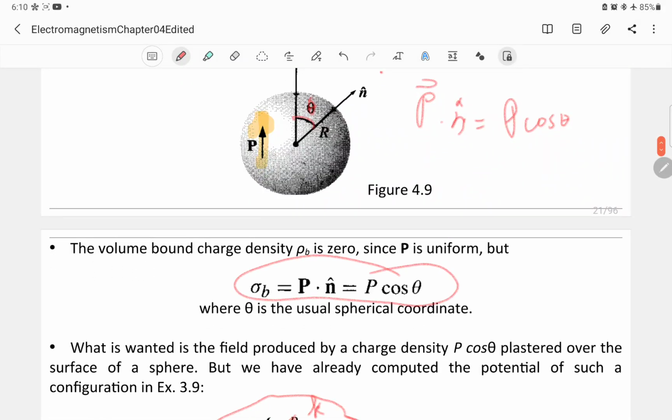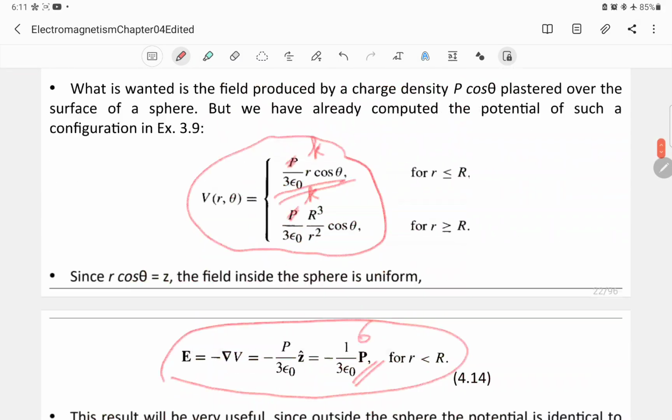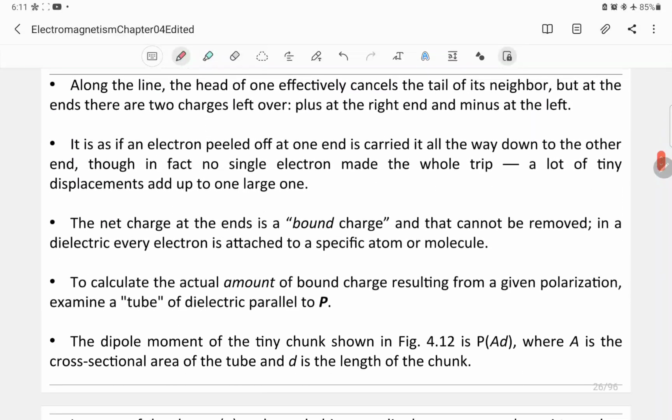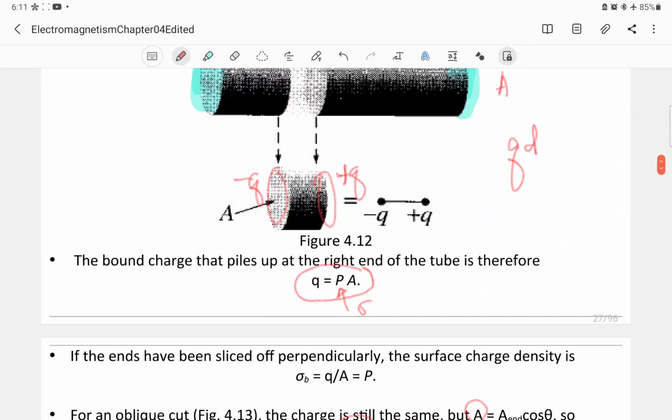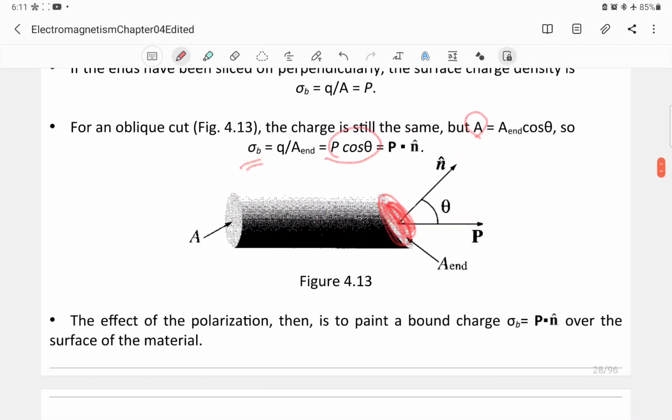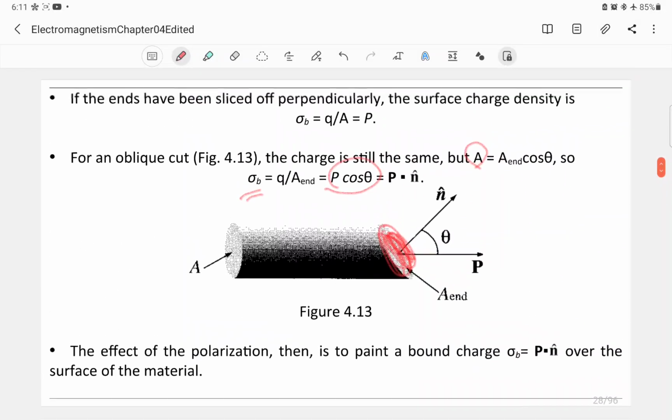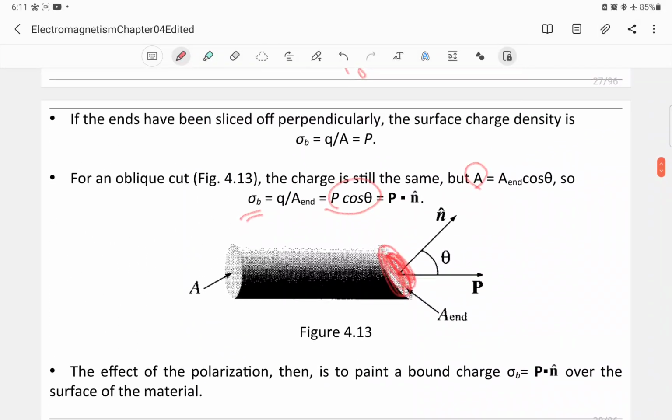In general, the angle would be zero if it's flat. So theta here would be equal to 0, and thus your sigma would just be equal to P.